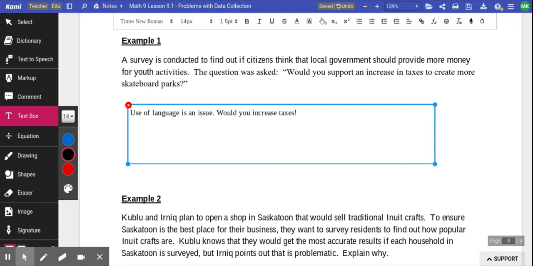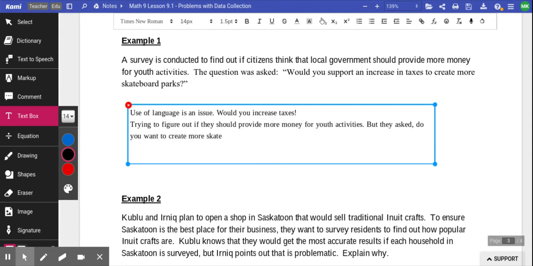The second issue with this question is they were trying to figure out if they should provide more money for youth activities. But what they asked, do you want to create more skate parks?